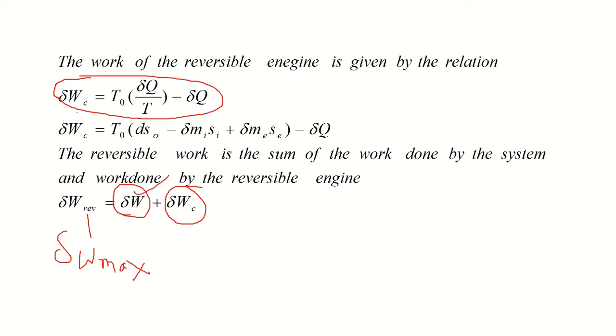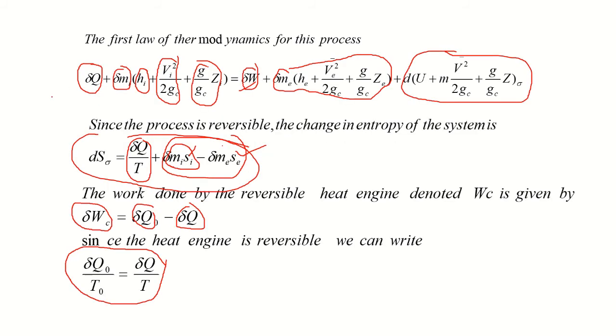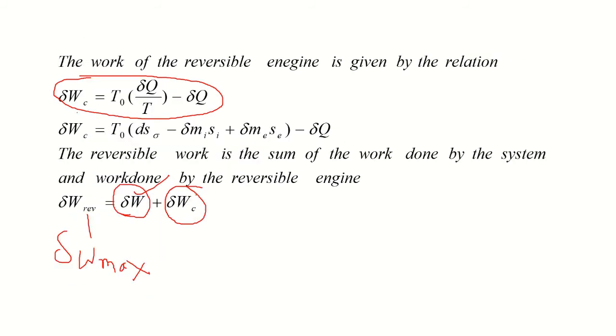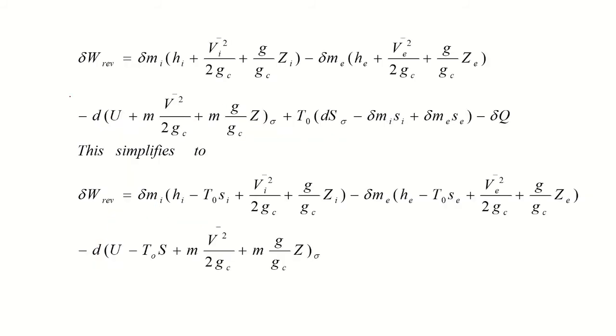So I know the delta W equation from here. Then I know the delta W C equation here. Substitute. Okay, this is the one. This I'll get. Now reorganize. You will get this one.